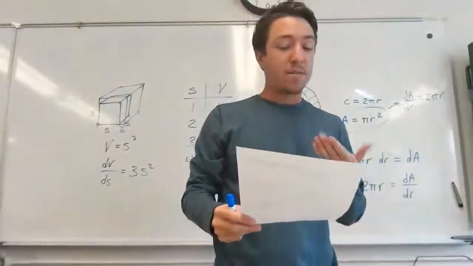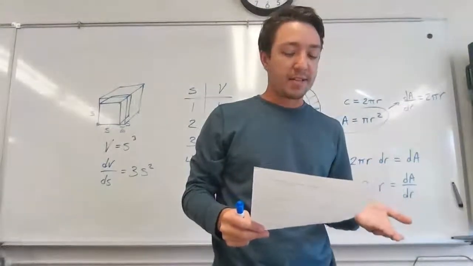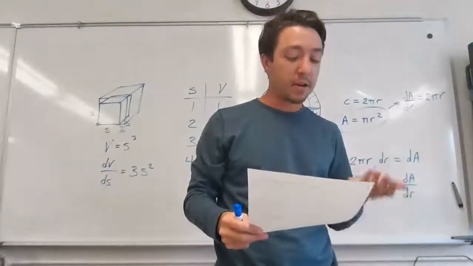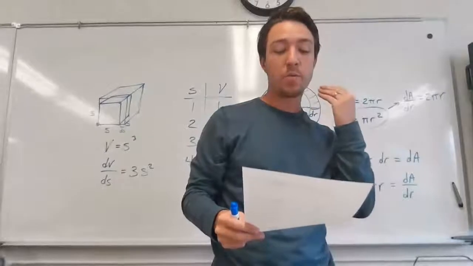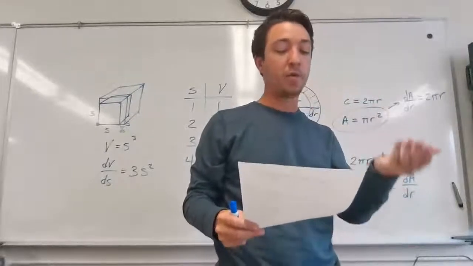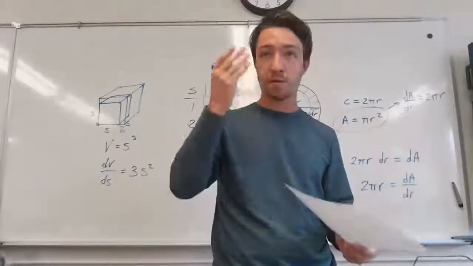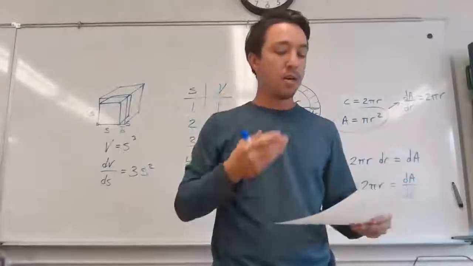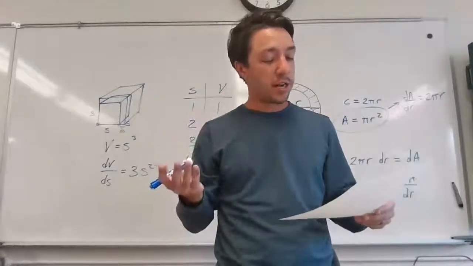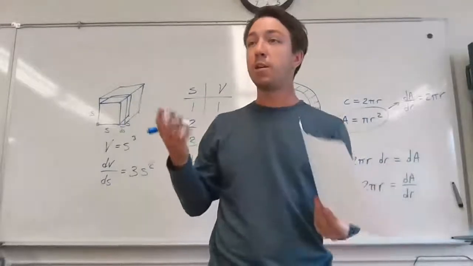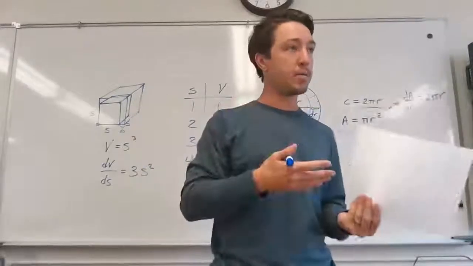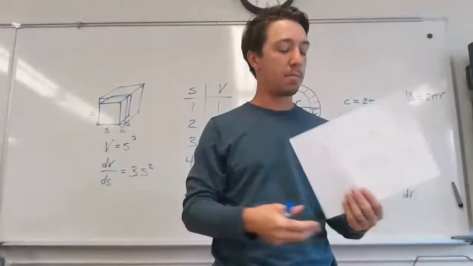Anyway, for 16, all you want to say is, at the moment when the side length is 4, assuming the cube is expanding, the volume is changing at a rate of 48 cubic units per unit with respect to the side length. Okay?